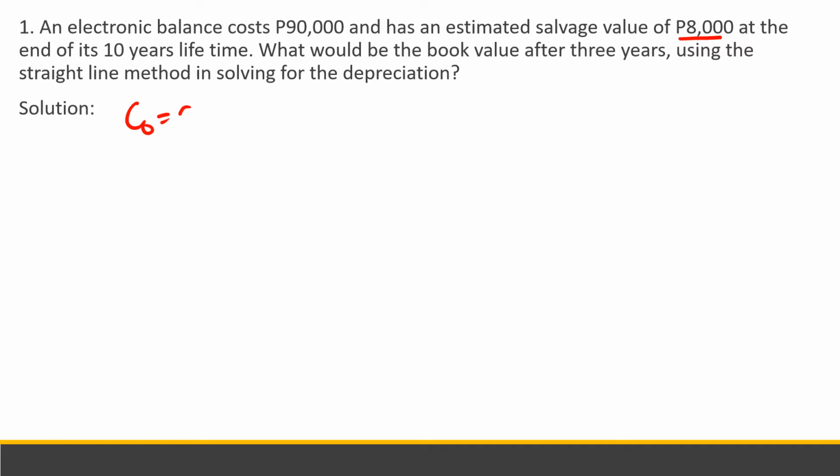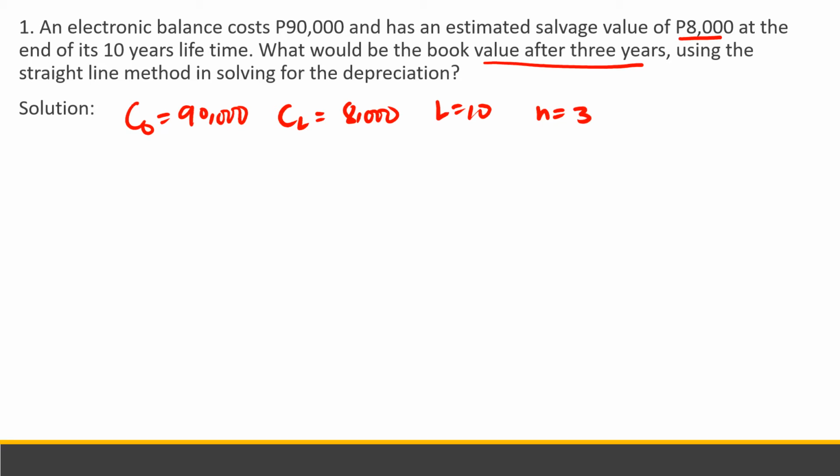C sub O is 90,000 pesos, C sub L, or the salvage value or scrap value, is 8,000 pesos, L is 10 years, and N, we are looking here for the value after 3 years from when it was bought.